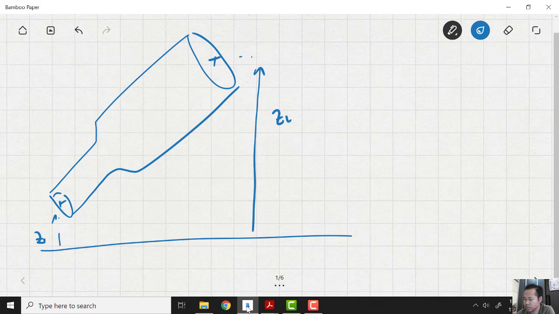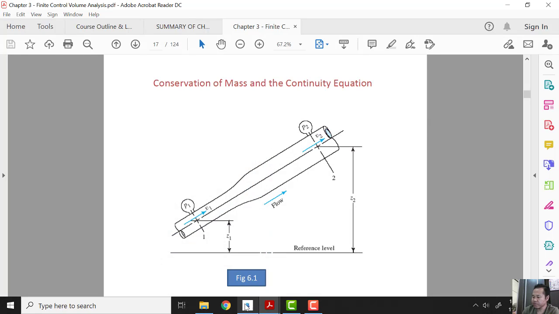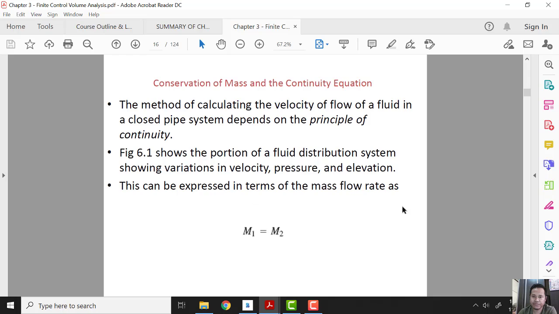Elevations mean heights. We have velocity 1 and velocity 2, and we have area 1 and area 2. Why do we have different areas? Because the pipe is a different size, and so we have a different velocity. We have that kind of picture.